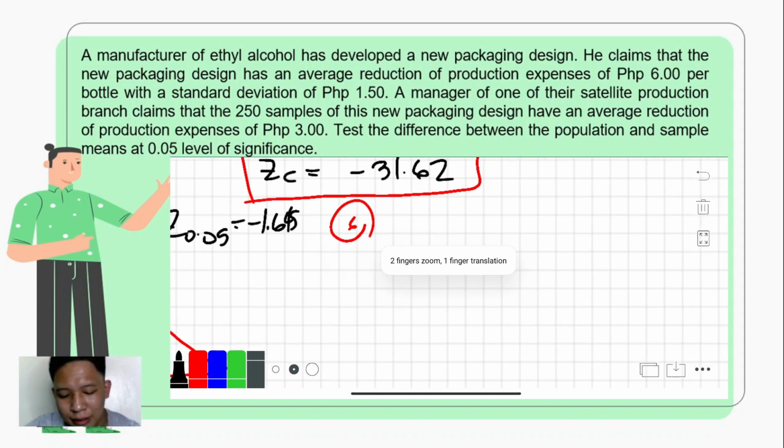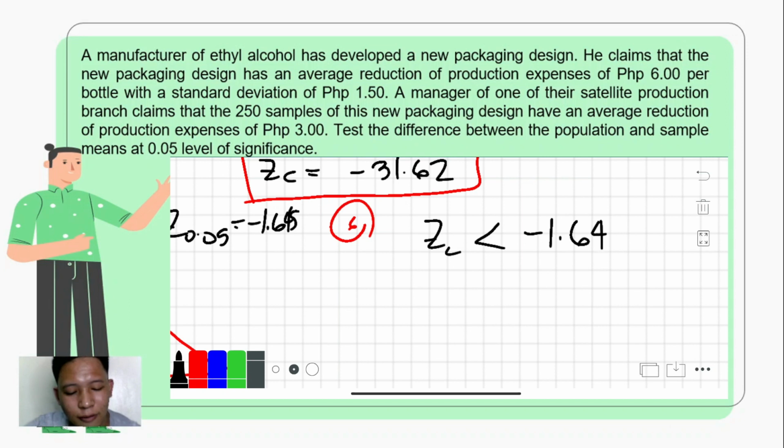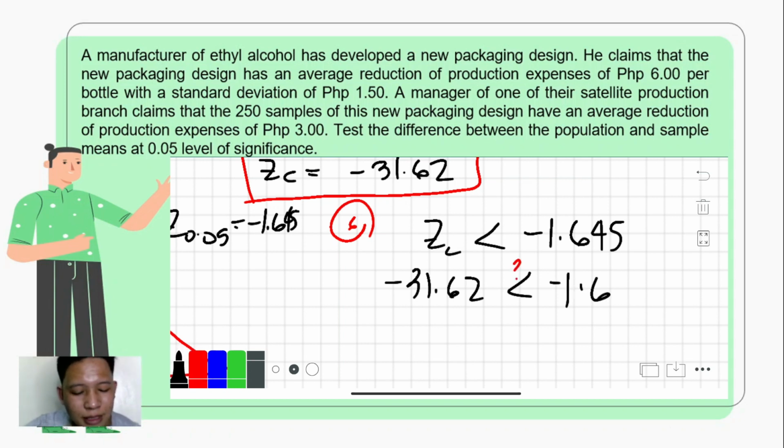Let us write Z is less than negative 1.645. Our test statistic is negative 31.62. We don't know yet if it's really less than negative 1.645. By comparing the values, is negative 31 less than negative 1.645?